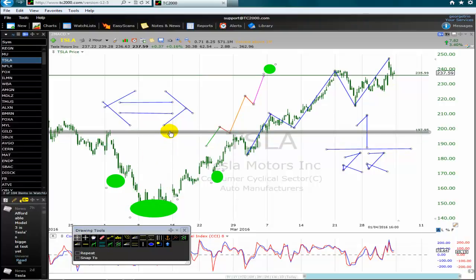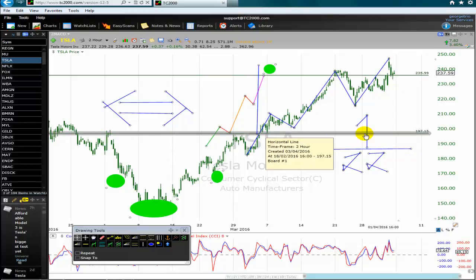Now, professionals will measure the distance. Pay attention. This is not about the inverted head and shoulder chart pattern, but I have a reason why I'm showing you this. Professionals will measure the height of the inverted head and shoulder chart pattern, and we project it above the neckline. So the horizontal line here is the neckline, and that's the ultimate target for this price action.